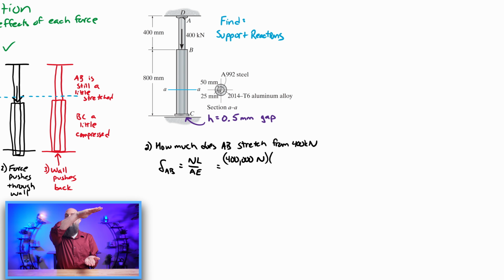So BC is just moving downwards. It's not being compressed initially by this 400 kilonewton force. It's just along for the ride. As AB stretches, however much it stretches downwards, BC moves downwards, but doesn't change length.